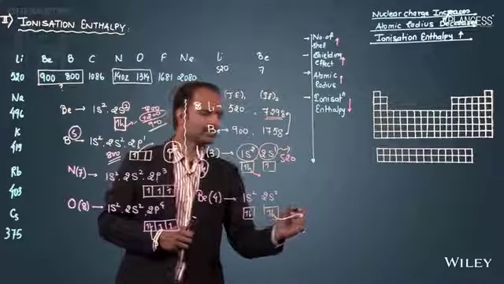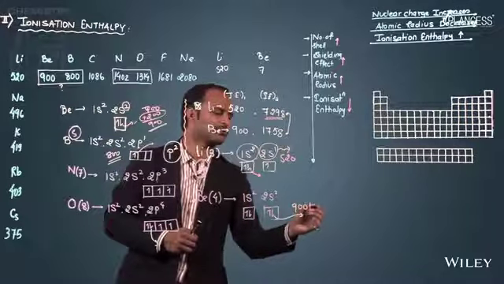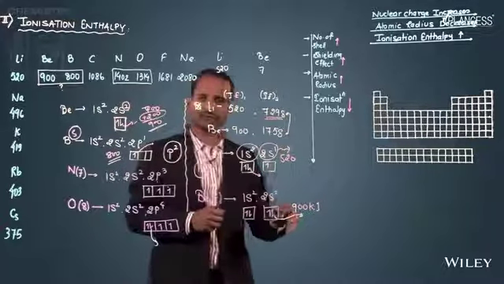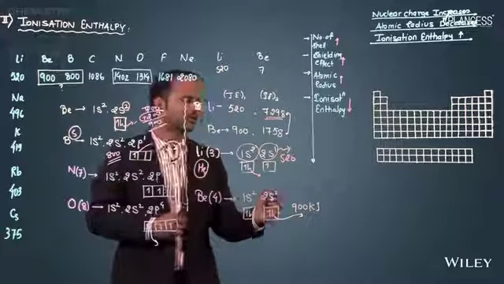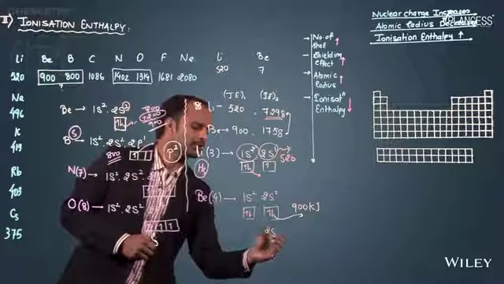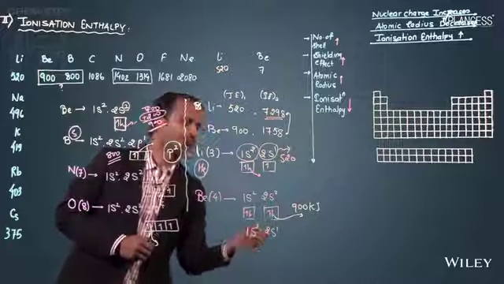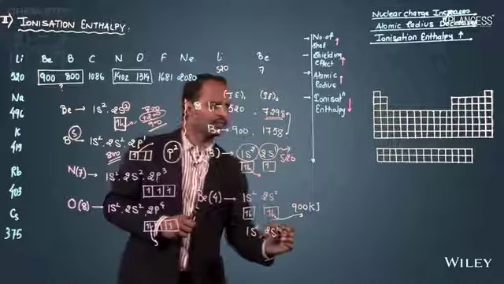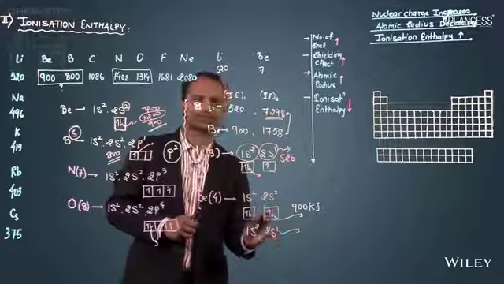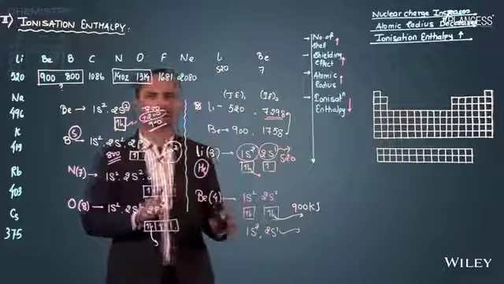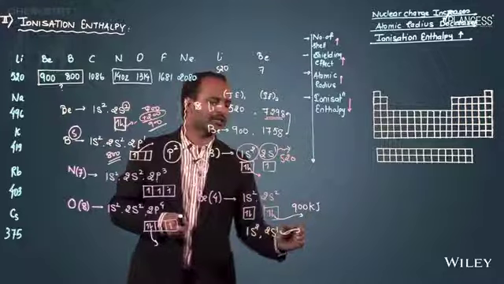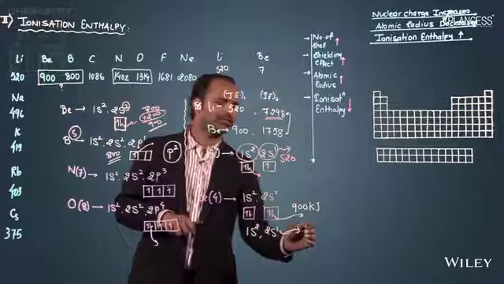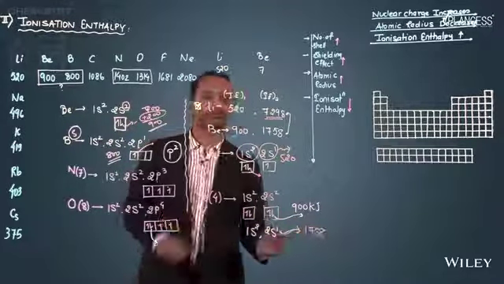But once the first electron is removed, the configuration changes to 2s1. Then removal of the second electron is easy, because 2s1 is not a stable configuration. It's already unstable. So less energy is needed, that is 1758.